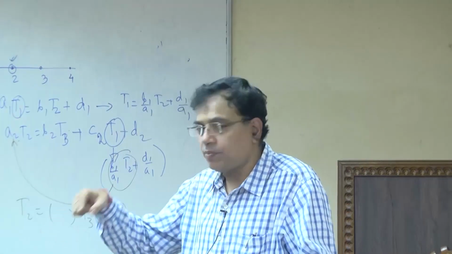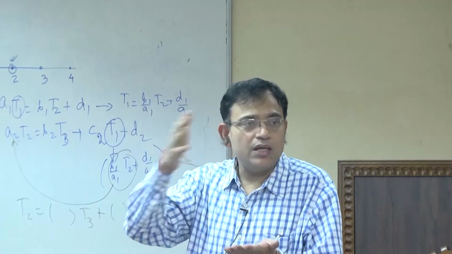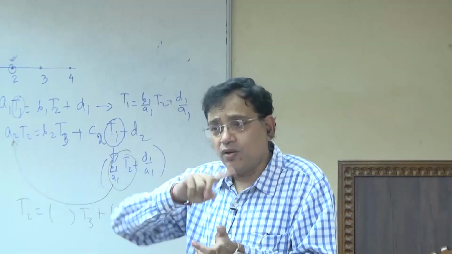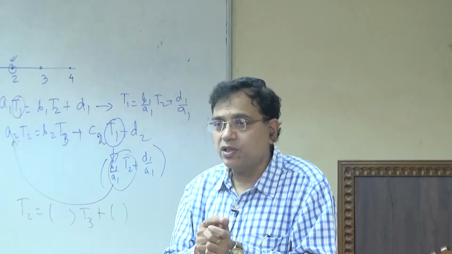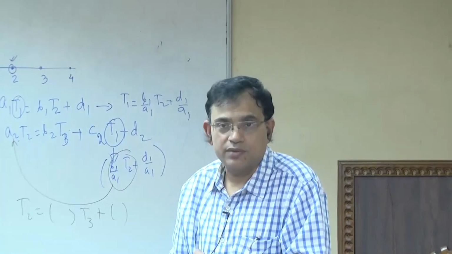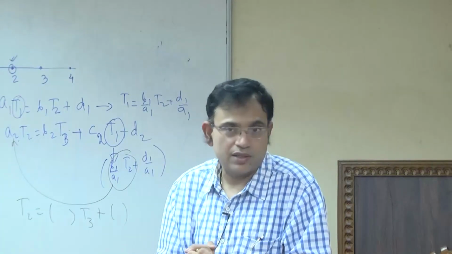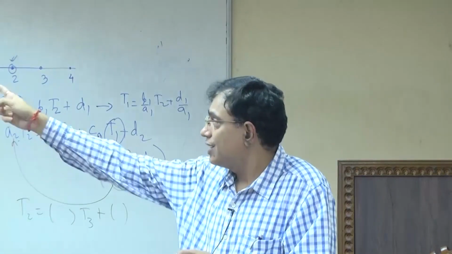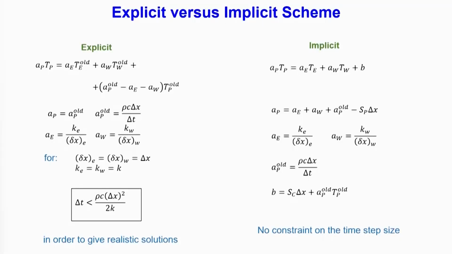So, you have a point P, W and E, and if you increase the temperature, the P temperature should also increase. But if one of the coefficients is negative and the other is positive, an increase will create a decrease effect, which is physically unrealistic. To avoid that, you have to make that bracketed term positive, and that will give this delta T less than this.